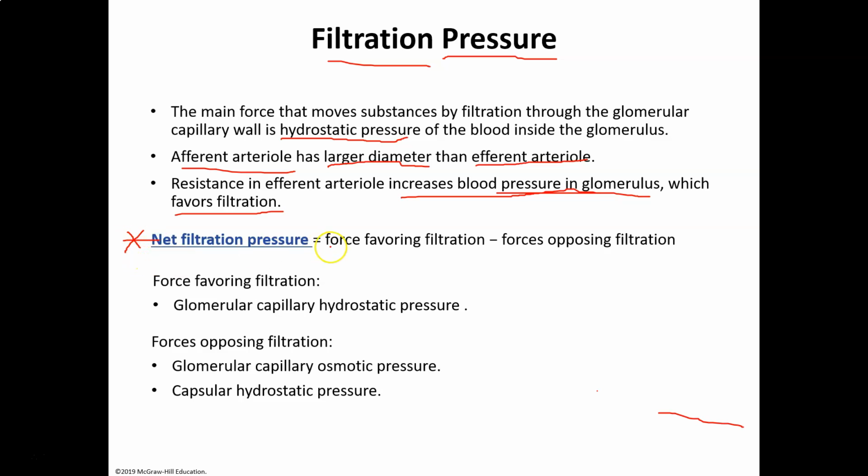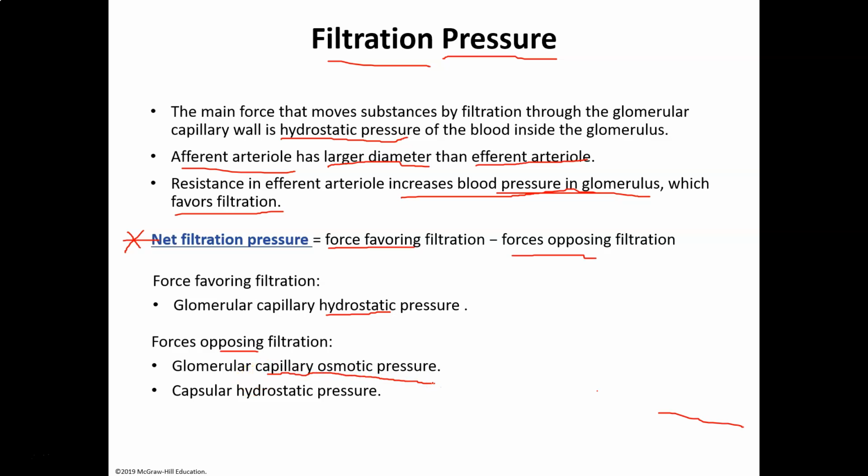net filtration pressure is, of course, the force favoring filtration versus the forces opposing filtration. What are the forces opposing filtration? Well, the force favoring filtration, we already talked about it. Hydrostatic pressure. It's blood pressure. The forces opposing filtration are, first, glomerular capillary osmotic pressure.